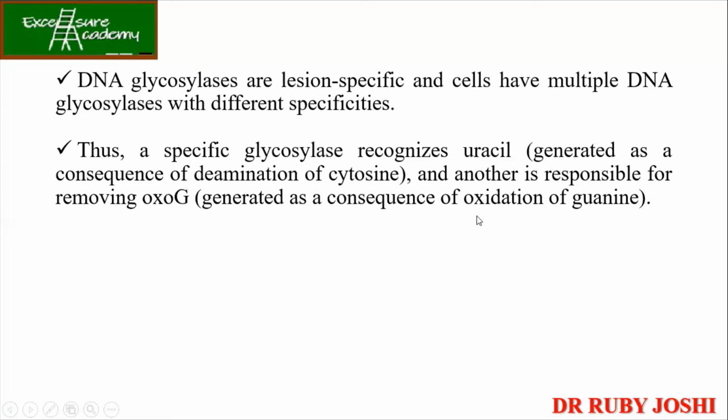Of course, it is a consequence of oxidation of guanine. Remember oxidation of guanine, what will happen then? Do you remember what it can base pair with? It should base pair with C, but instead of that, it will base pair with dash.